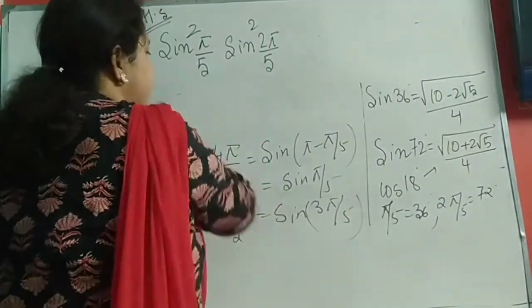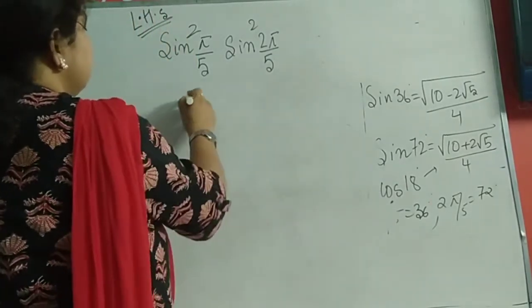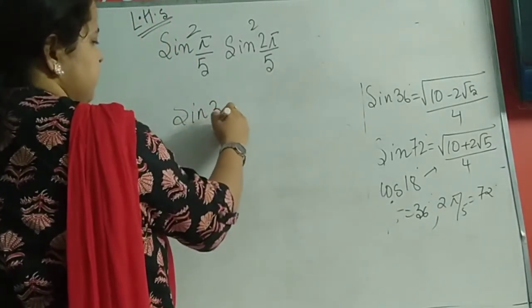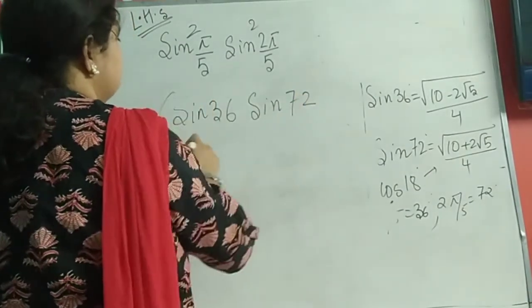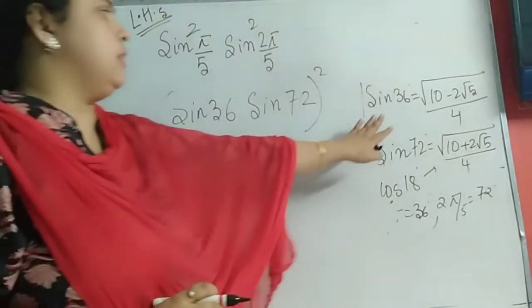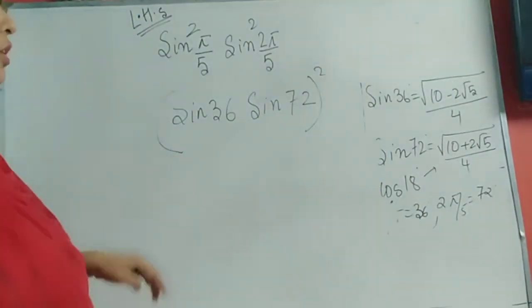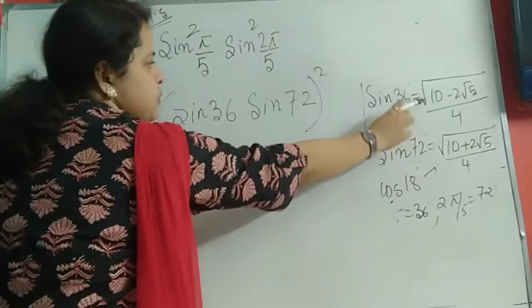I am erasing this fact. What is this? Sine 36, sine 72. Now I have written for you the formulas of sine 36, sine 72, that is cos 18 only. So we will substitute the formula and see.